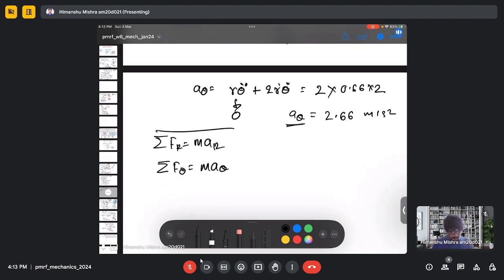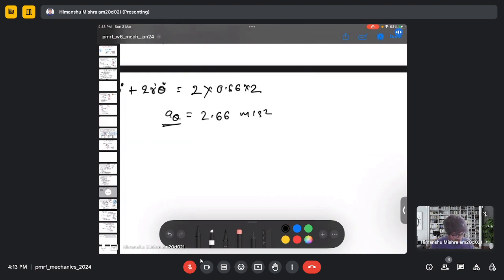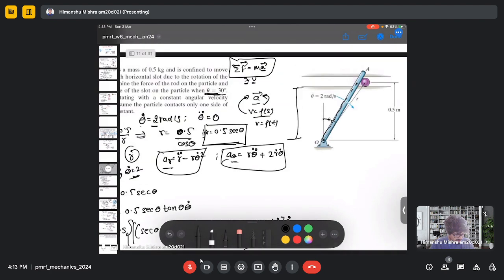So first we will do the force balance analysis in the radial direction. For that, let's make a free body diagram. So this is my radial direction and this is my theta direction. This is my weight here and this is my normal reaction.